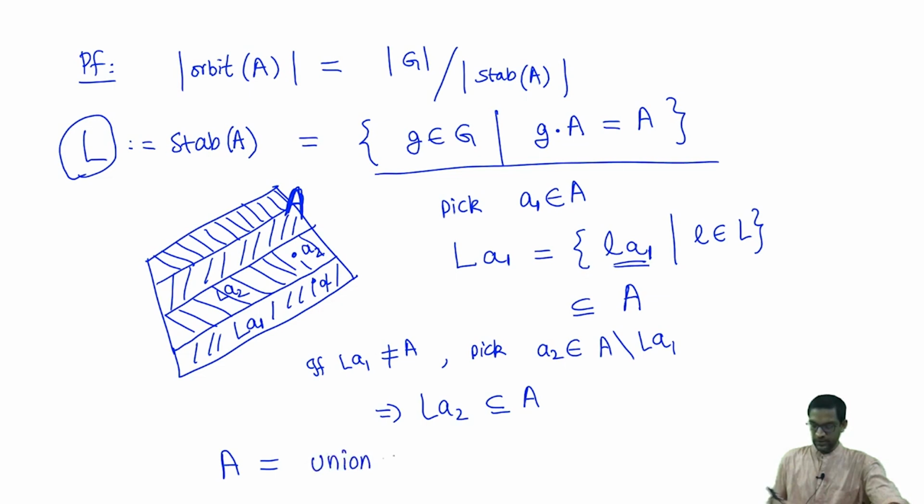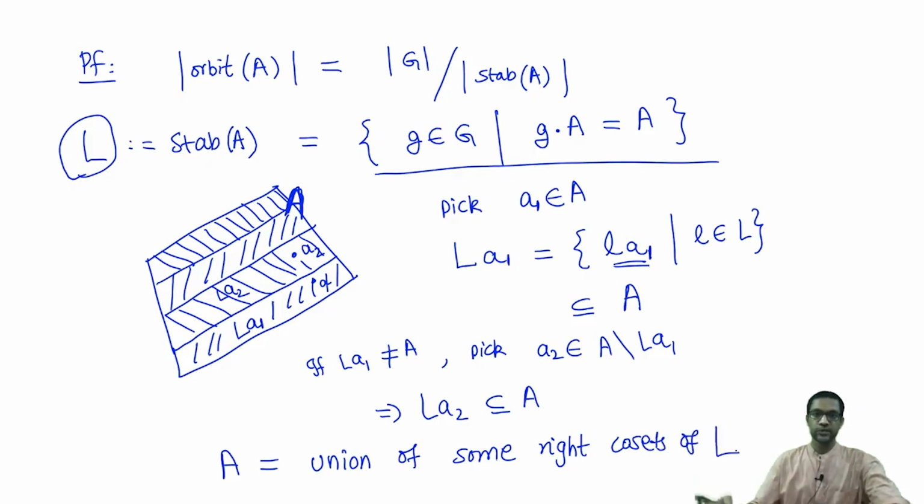A can therefore be written as a union of some finitely many right cosets of L, they are all disjoint necessarily. That union of some finitely many of them should give you the set A. So we are just applying the definition of the stabilizer, and the action on subsets.